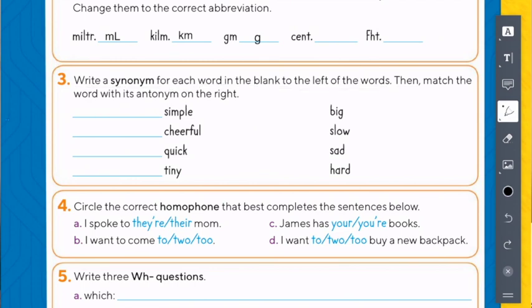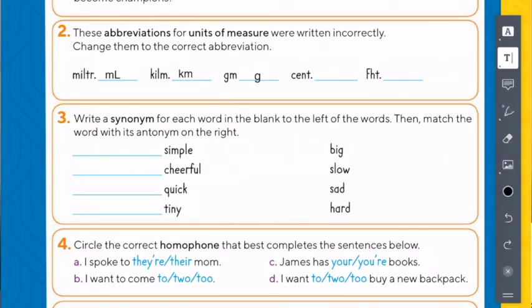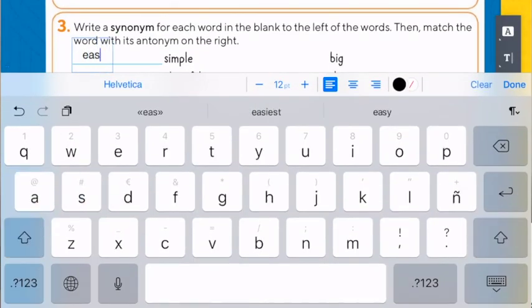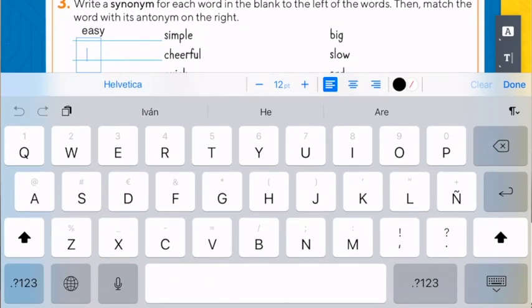All right? Okay. What is the synonym of simple? Correct. Easy. Something that is simple is super easy. Cheerful. Happy. Perfect. You remember. Happy.